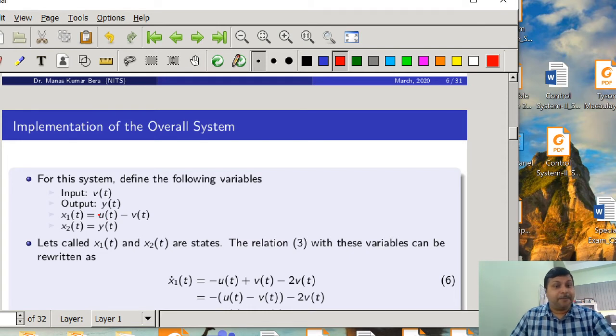The expression u(t) minus v(t) we are naming x1(t), and the system output y(t) we are naming x2(t). So by definition, u(t) minus v(t) is x1(t), and y(t), which is the output of the system, is x2(t).